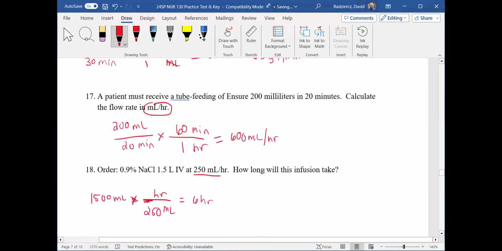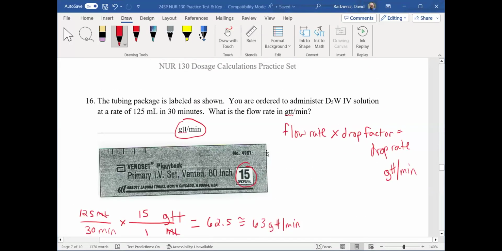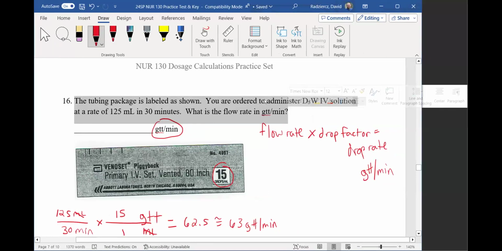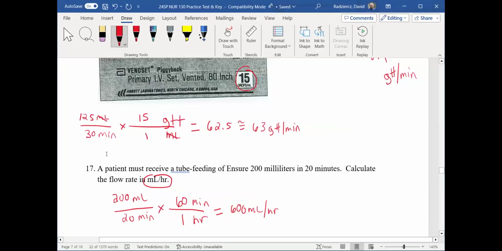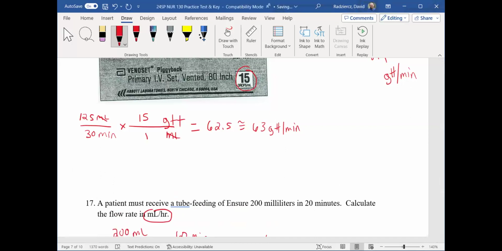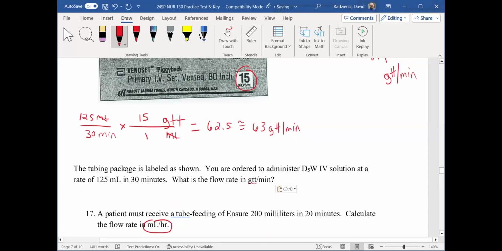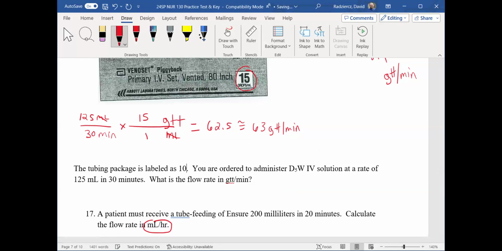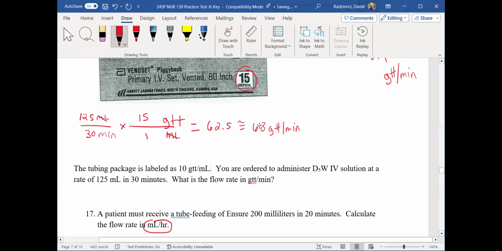All right, let's try one that involves a drop factor type question. I'm going to use the wording here, but I'm going to change the drop factor. So let's just say the tubing package is labeled as 10 drops per mL.